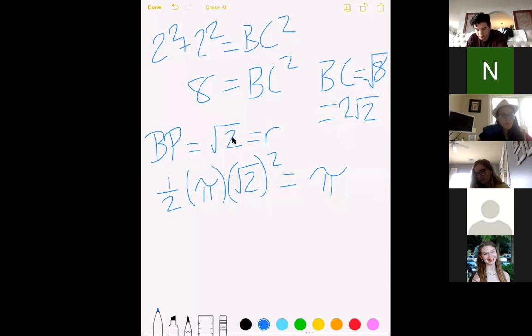And so I'm getting square root of 2 squared is 2, divided by 2 is 1, so that should be pi.